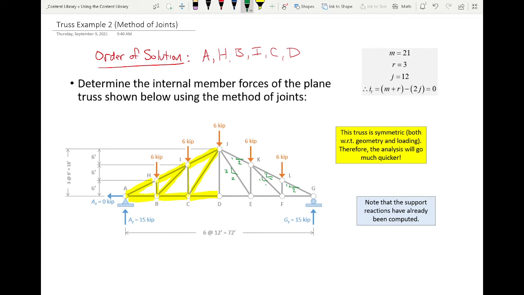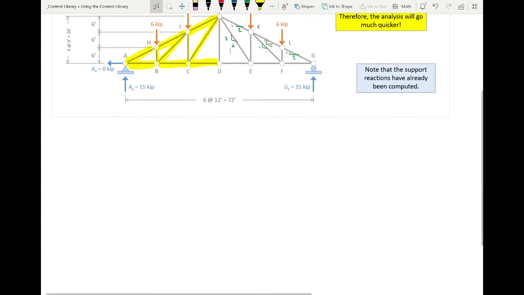Easy, right? So now I'm going to do these joint analyses, and I'm going to do them probably kind of quickly, because I have found when I do these types of problems that once you get it planned out, this is the order I'm going to do it, I've got my slope ratios figured out, you can knock these things out really quickly. So let's do it to it.